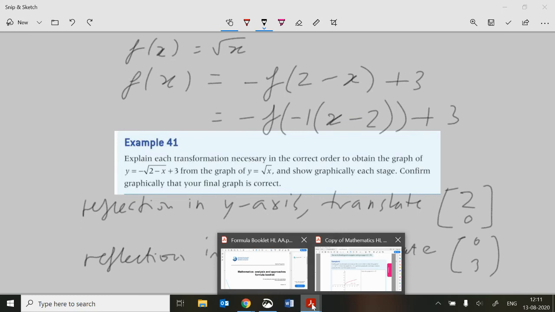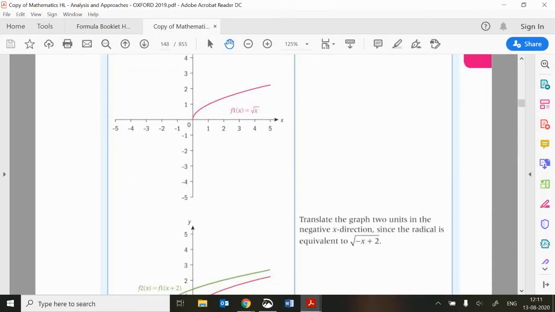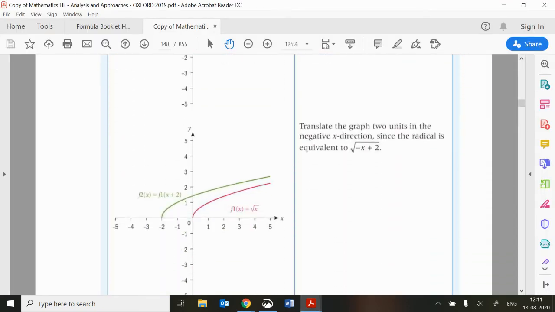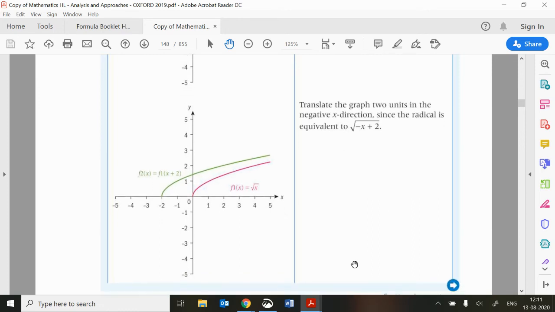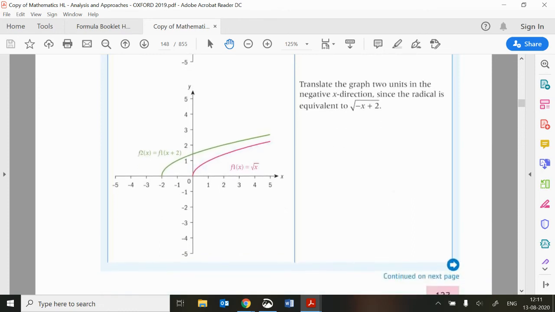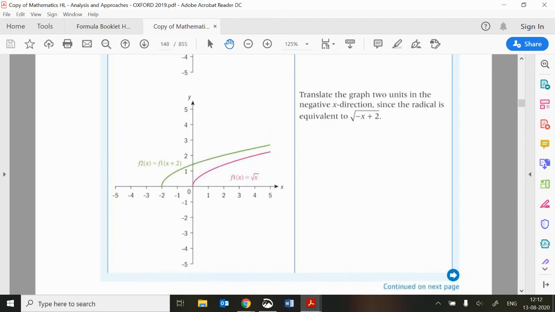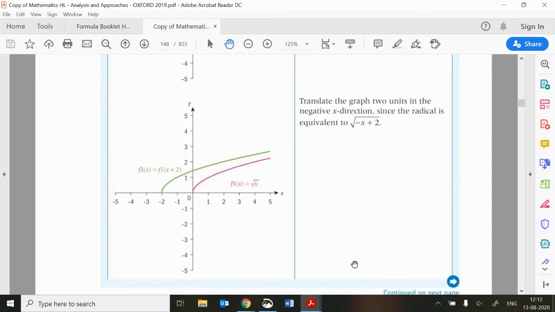Okay, let's see how they've done it. They've said translate, ooh, translate in the negative x direction. Okay, so they haven't done it like I've done it.